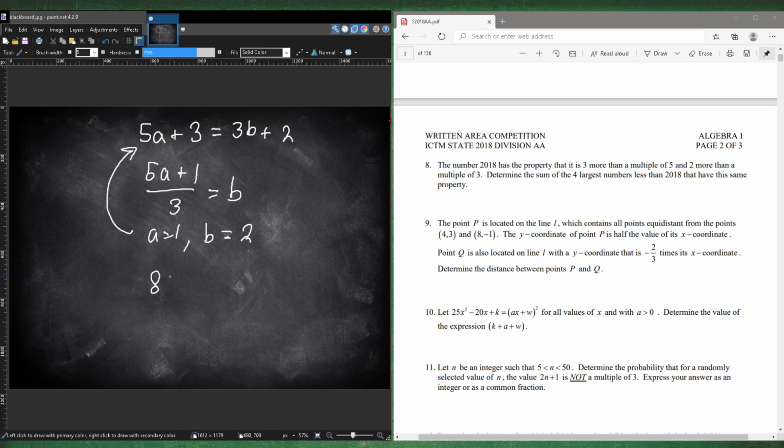So our first point is 8, and then every single point afterwards which satisfies these two properties, for that to happen, just multiply 5 and 3, which is 15, and then put another variable, x, that will be another integer. So every single number that follows this pattern will be a multiple of 5 that's 3 more than it, and a multiple of 3 and 2 more than it.